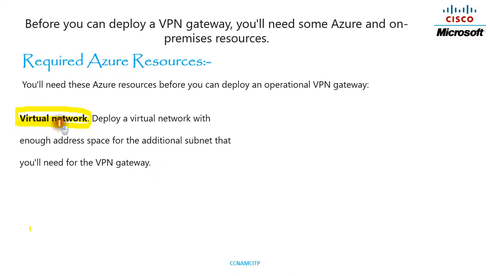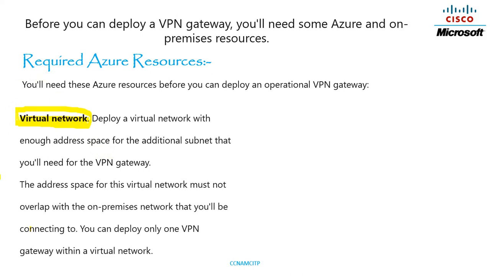So you should have sufficient IP addresses. And apart from this, the address space for this virtual network must not overlap with the on-premises network that you will be connecting to. So overlapping should not be there.